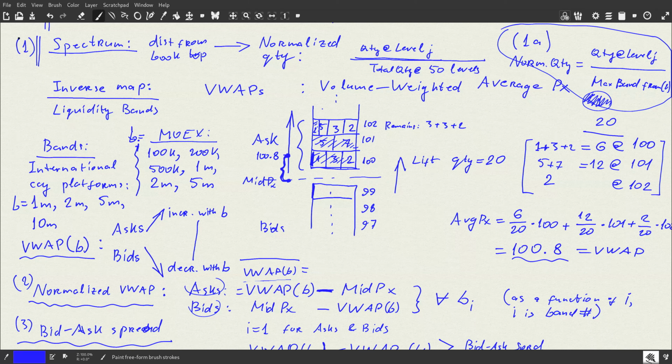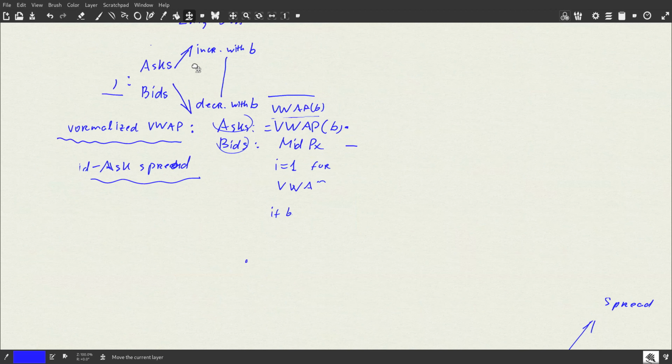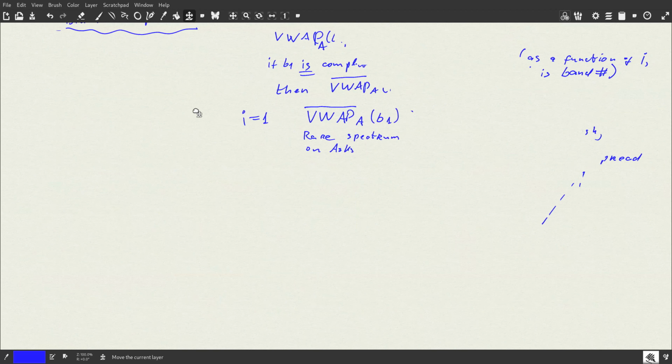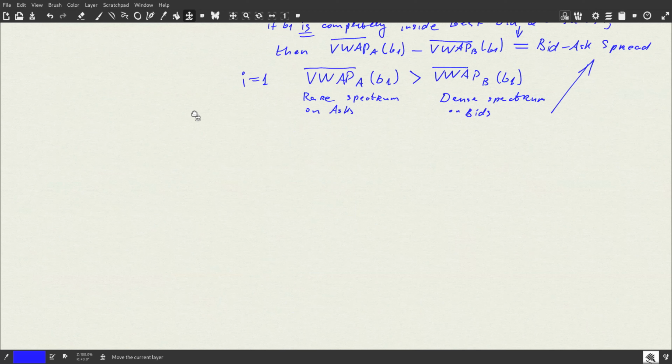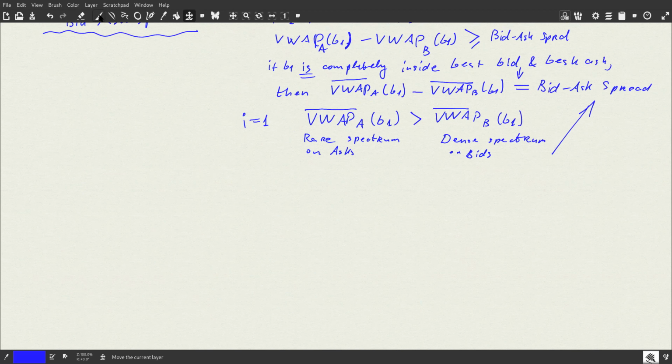So let us for the moment consider features 1, 1a, 2, and 3, and yet again all of them apply only to a stationary order book. They have nothing to do with how the order book evolves over time. So let us think what further features we need to consider.